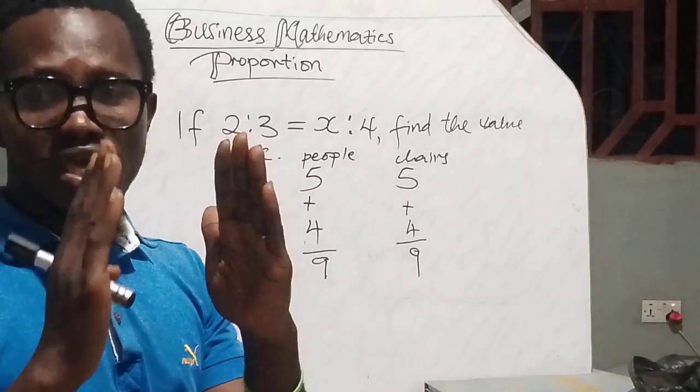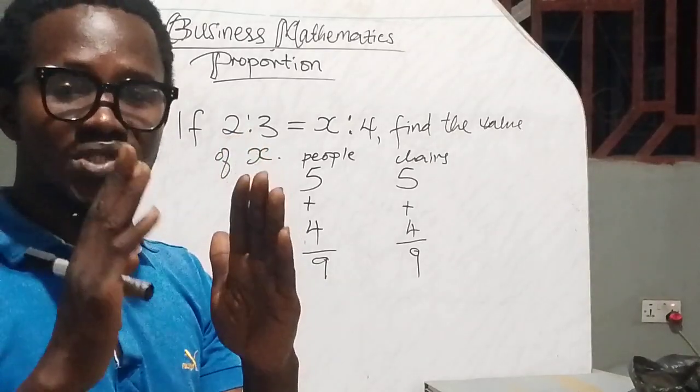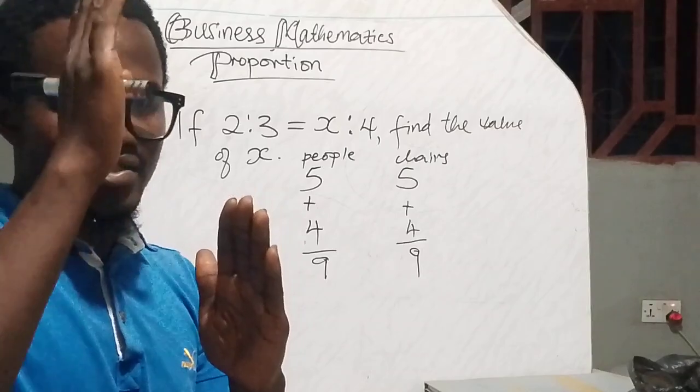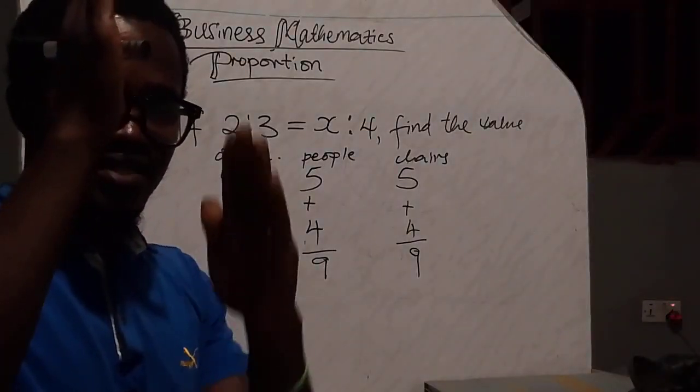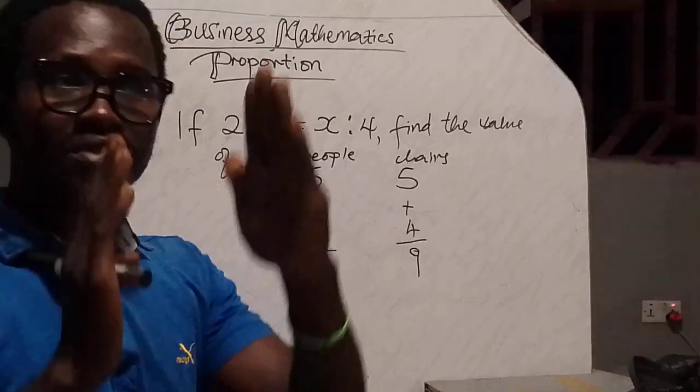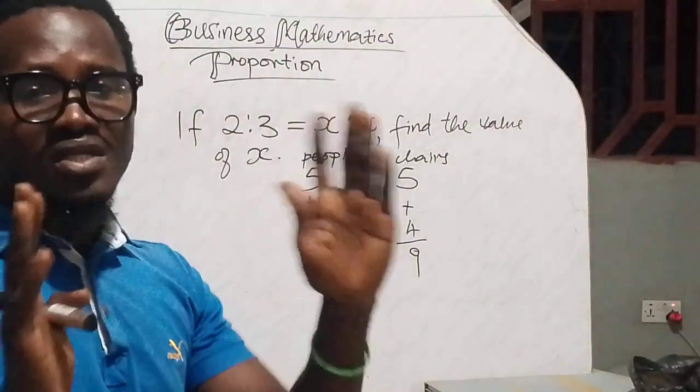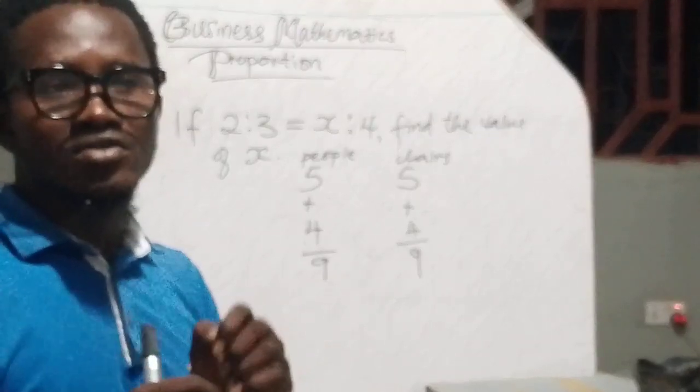They move in opposite directions, like this. As this one increases, this one goes down. If this one goes up, then this one comes down. They move in opposite directions.